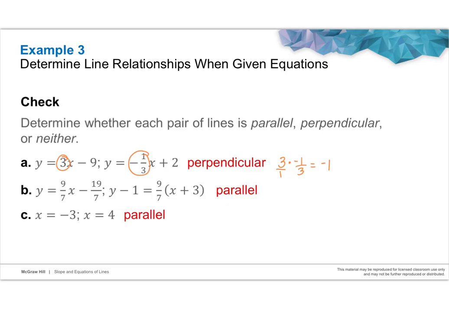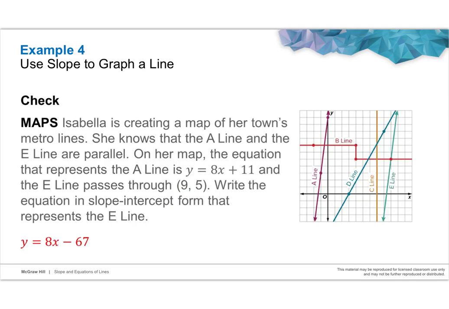In the pair of lines in B, we have 9/7 and 9/7, easily equal, and so parallel lines. And then I have two one-variable-at-a-time equations, which both happen to be vertical lines, and so we have parallel there again.